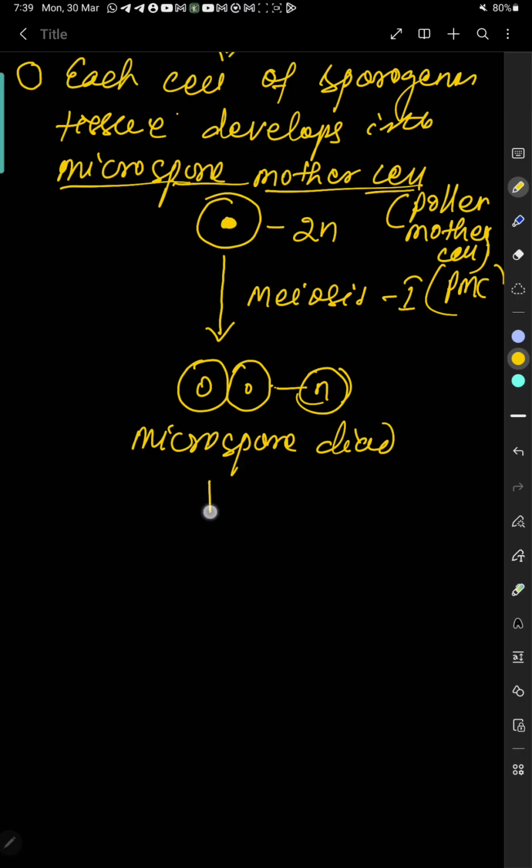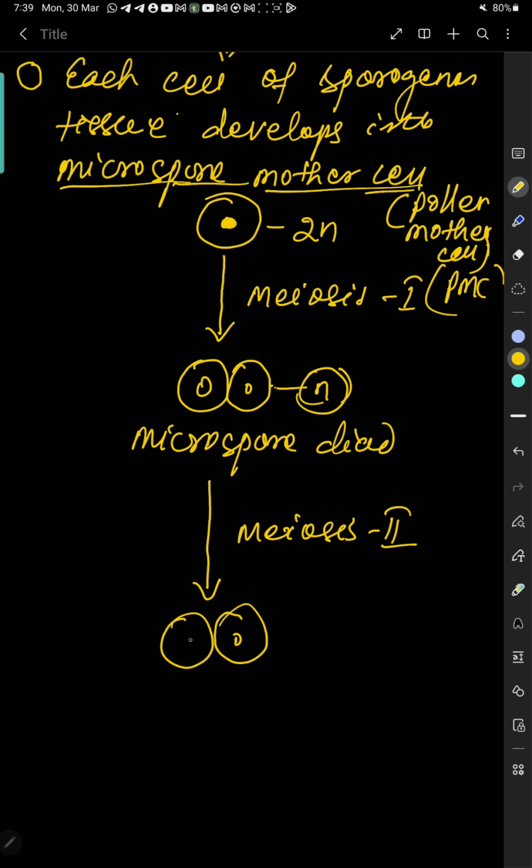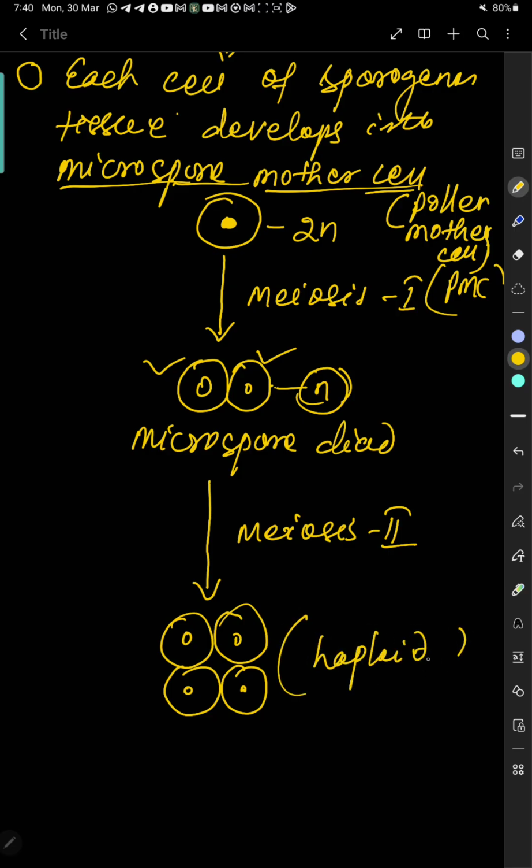Now this microspore dyad undergoes meiosis 2 and forms 4 cells. Each of them divides to form 2 more cells. Each of them is haploid, so all of them are haploid or n.